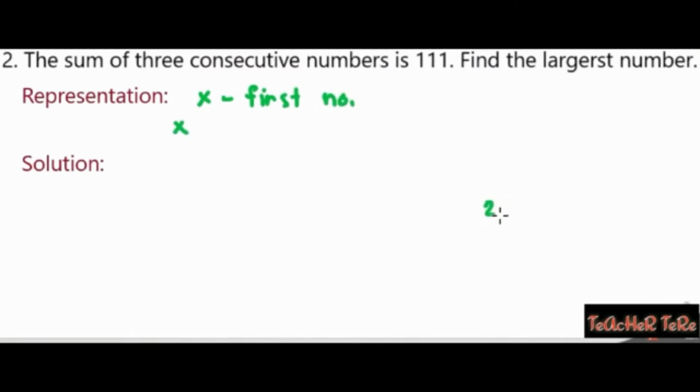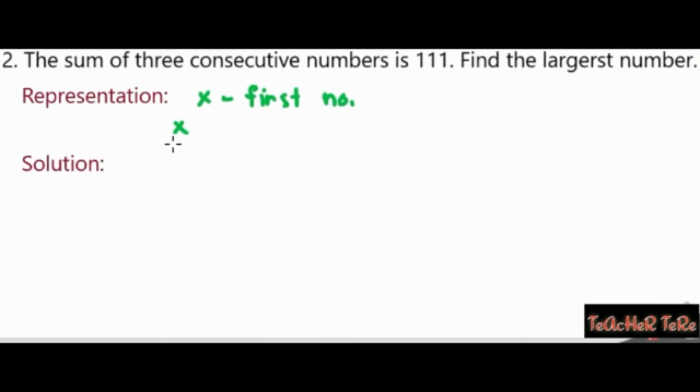So, for example, if you have 2, the next number is 3. The next consecutive number after 3 is 4, and so on. So, if you have your first number, which is x, or in this case, it's 2, for you to get the next number, you just have to add 1. So, if this one is x, you just have to add 1 to x.